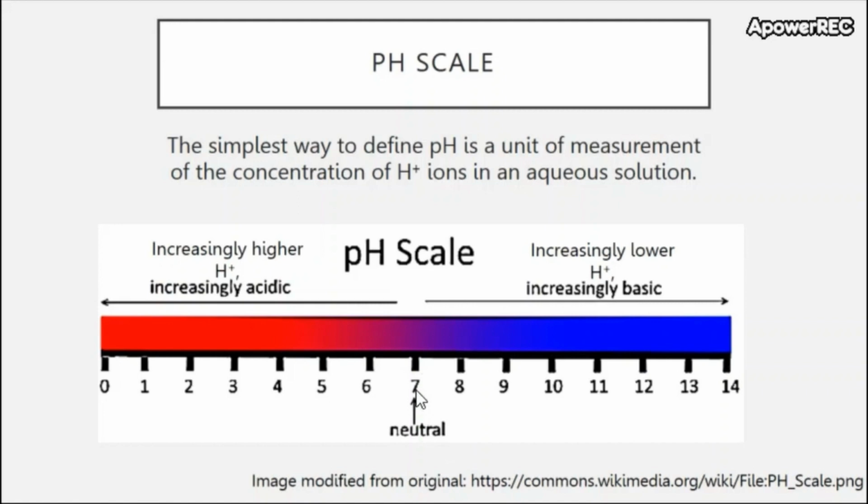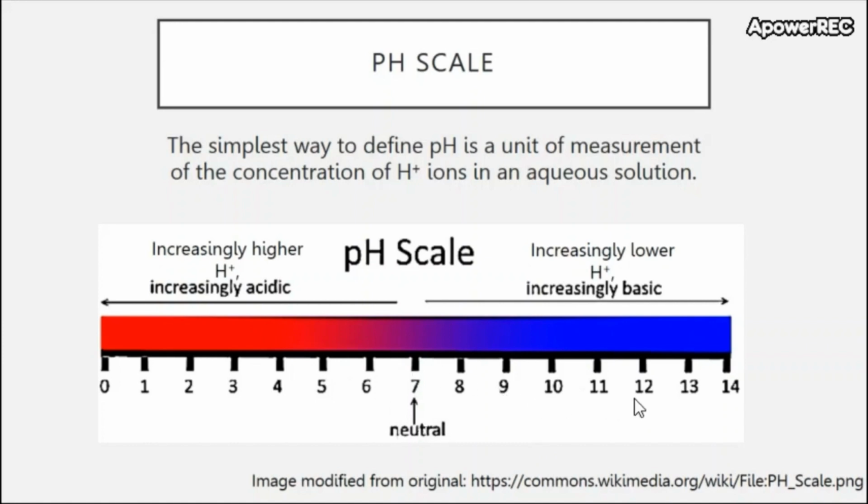Now, if you want to get a more basic solution, then it would be greater than 7, okay? And the higher you go, the more basic it becomes. A typical pH scale is between 0 and 14. Now, the lower you go from 7, the more acidic it becomes. So a pH of 0 is extremely acidic, much more acidic than a pH of 5 or 6, right? And so on.